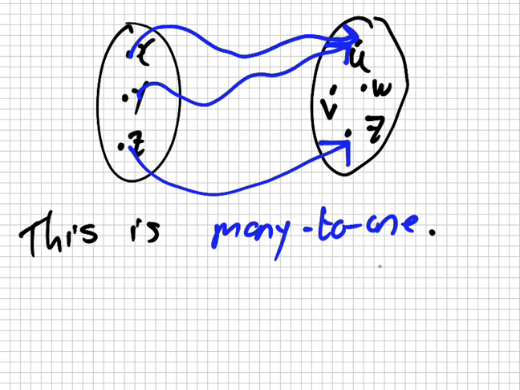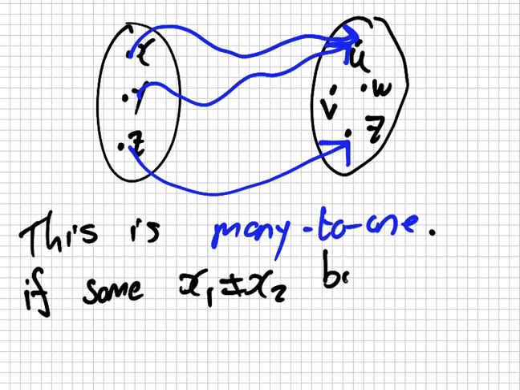You can probably guess the reason why, because you can have many different values producing the same value. So for example, if some x1 does not equal x2, but f(x1) equals f(x2). So x squared, what do we call this? We call this one many to 1, because 1 and minus 1 will give me the same number. 2 and minus 2 will give me the same number.